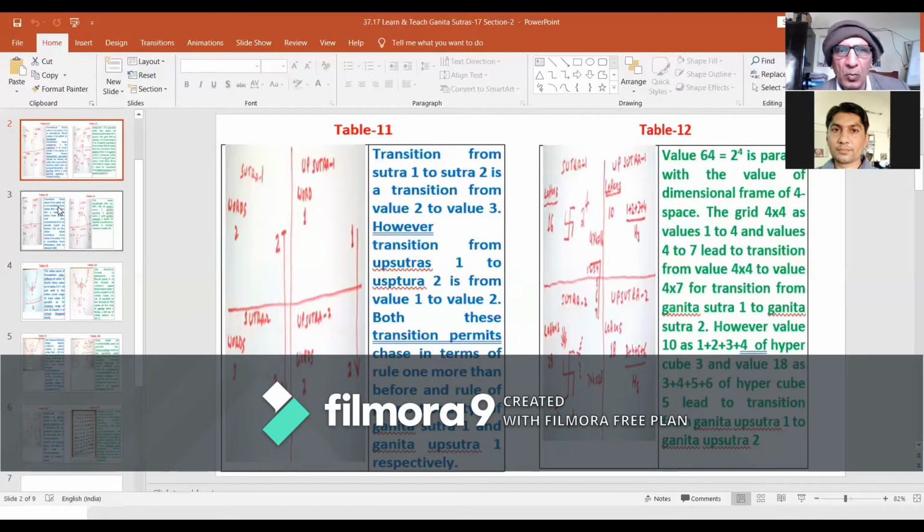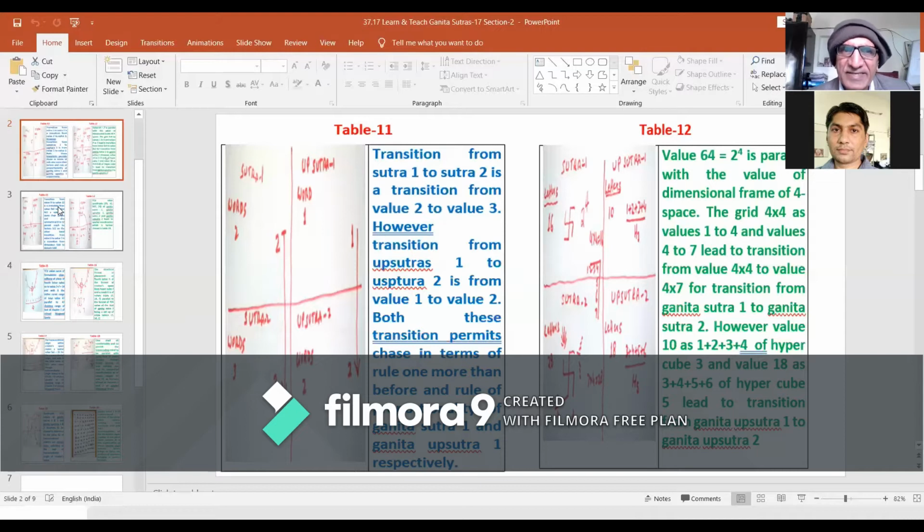Therefore, we shall sit comfortably and glimpse this parallel flow of transitions in terms of values, and the same will bring to focus that these transitions as flow of the number of words is as per the rule of one more than before.